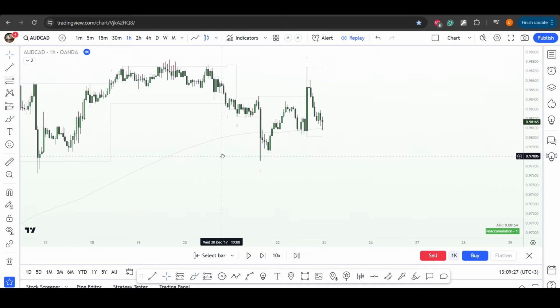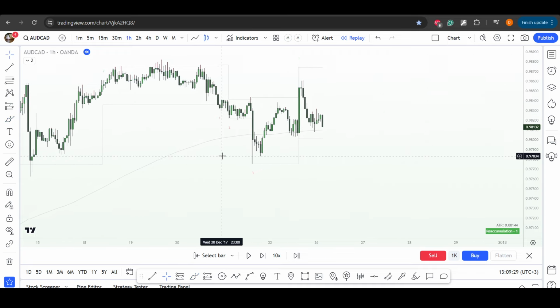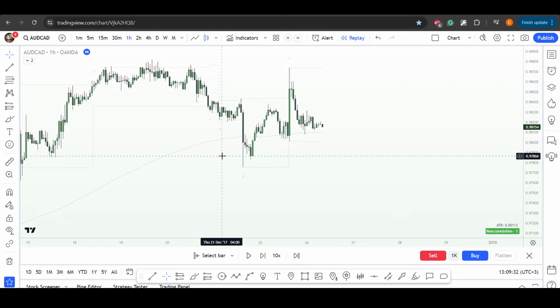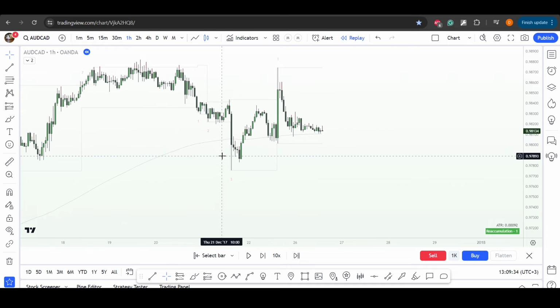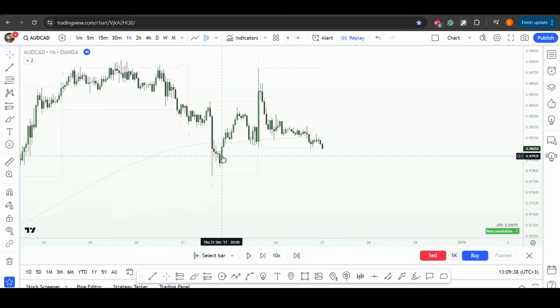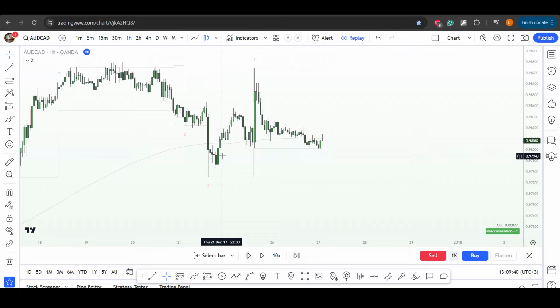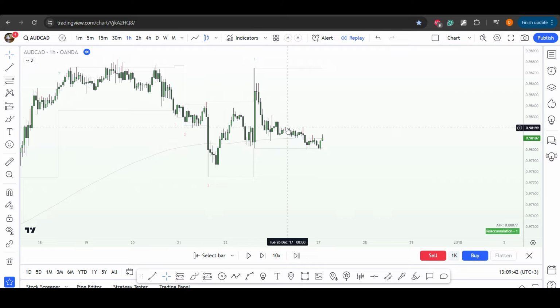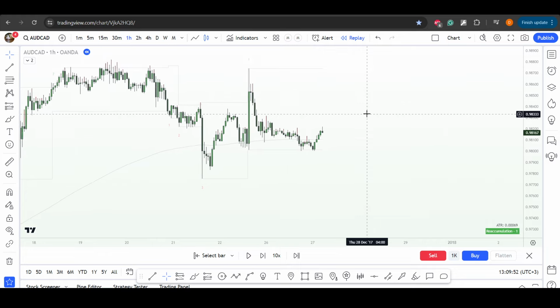So because of that, let's just see what happens. So we are just ranging in the zone, but we definitely don't see any bullish price, any bullishness here. We just slowly melting into the zone, and it seems like these lows get created only to be liquidated.